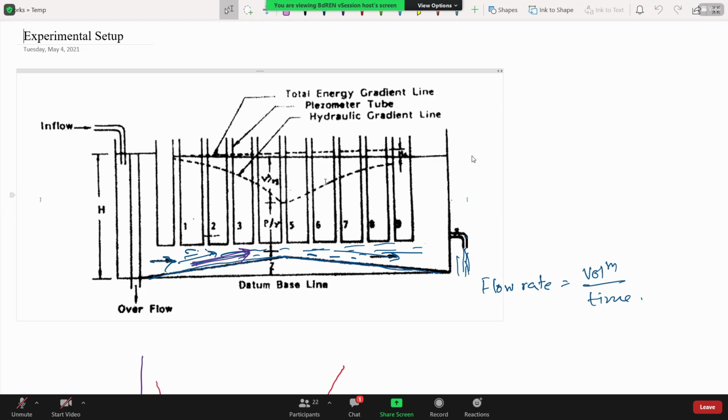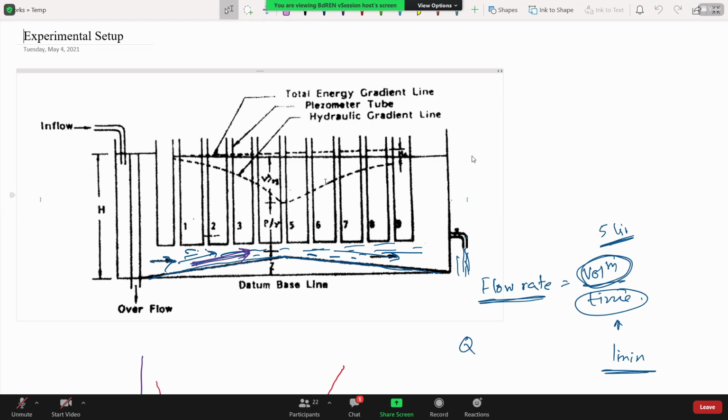Let's just say it is a simple tap. You turn on the tap and collect a specific volume of water in, let's say, 1 minute. Say you have collected 5 liters of water in 1 minute. You turn on this tap, keep it on for 1 minute, and then check the volume of fluid that you have collected. From there, you can calculate this flow rate, right?